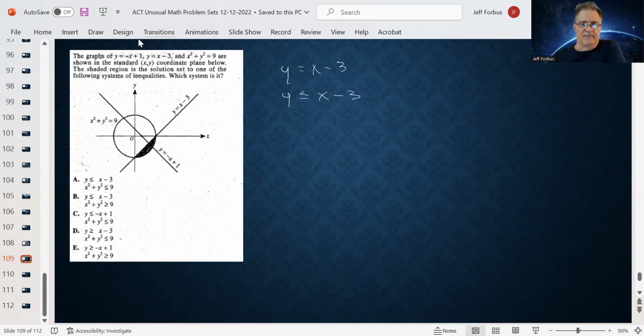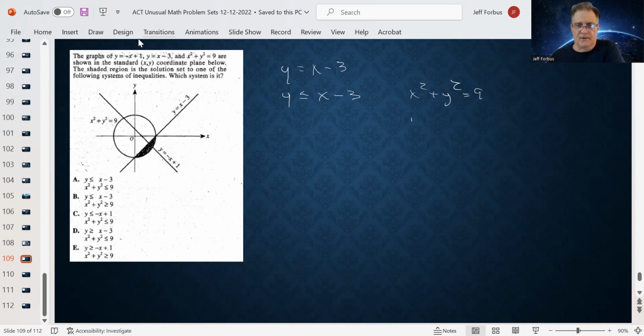Now, it's bounded by the circle, so we have to use x squared plus y squared is equal to 9. It has to be less than because the values that are shaded in are closer to the origin.